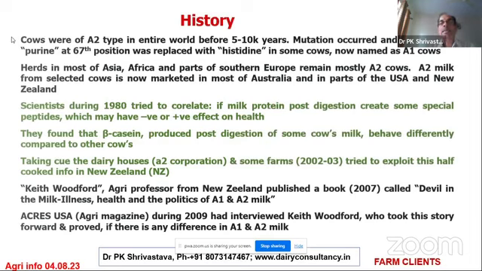About 5,000 to 10,000 years ago, a mutation occurred due to natural factors as well as human factors joined together.